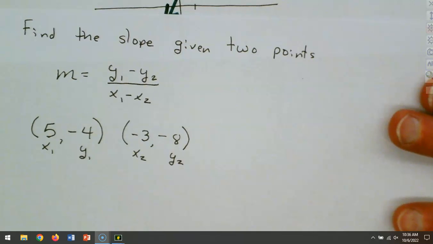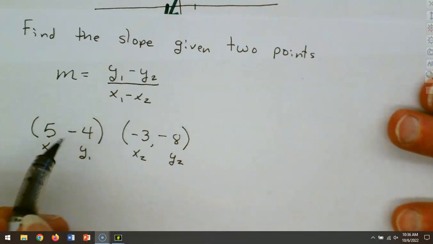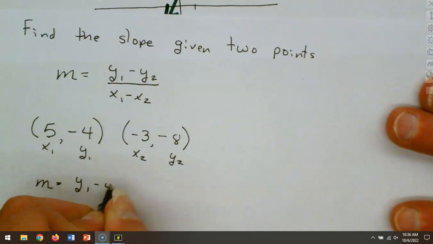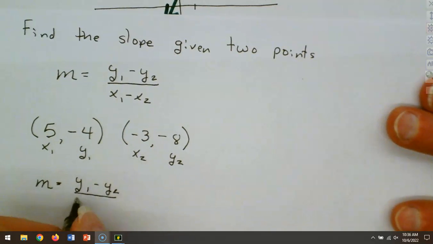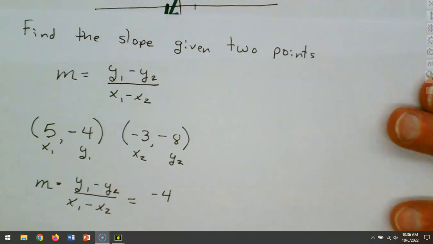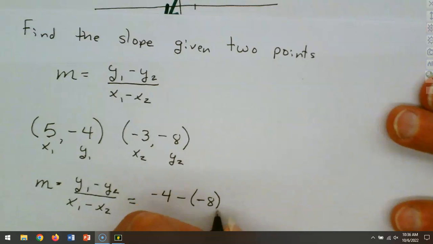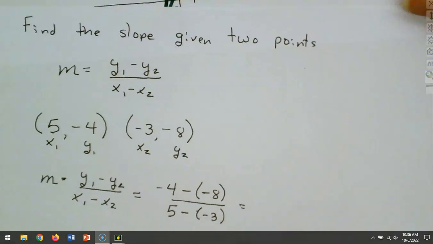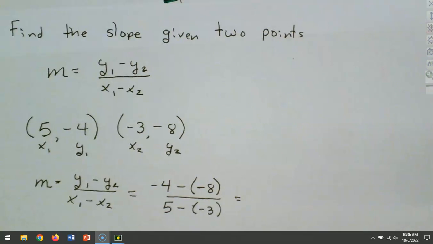Okay, so let's go ahead and find our values and plug them in. Your slope m is y1 minus y2 over x1 minus x2, which that is now minus 4, right? Because that's your y. Minus, watch out for double negatives, a minus 8 over 5 minus, watch again, out for double negatives, a negative 3. Okay, so there's your slope. Now we evaluate it down.